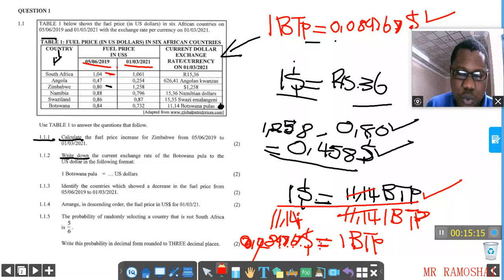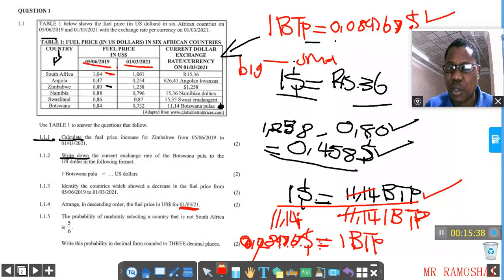So we are going to arrange the prices in 2021. Before you write there, you can take your pencil and check which one is going to be the first one. You are starting from the biggest number to the smallest number, because it's descending order, right?